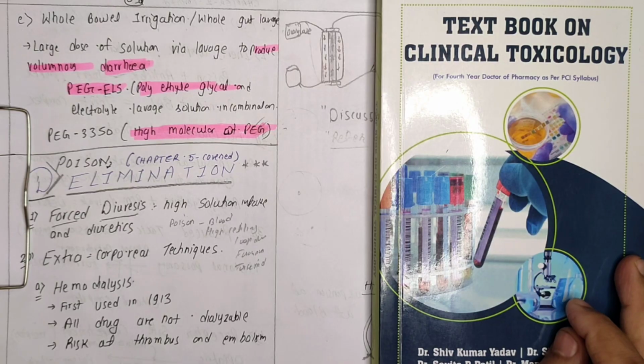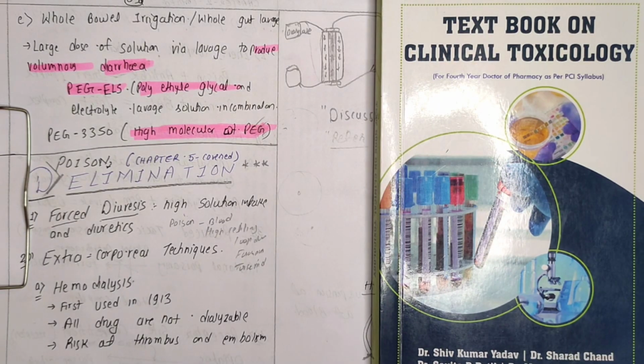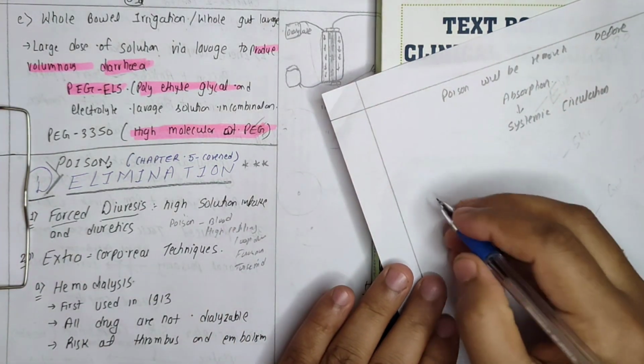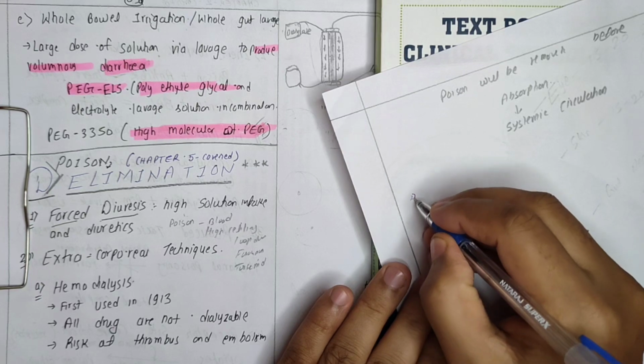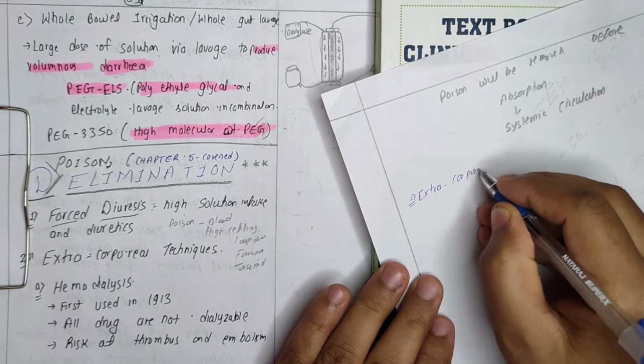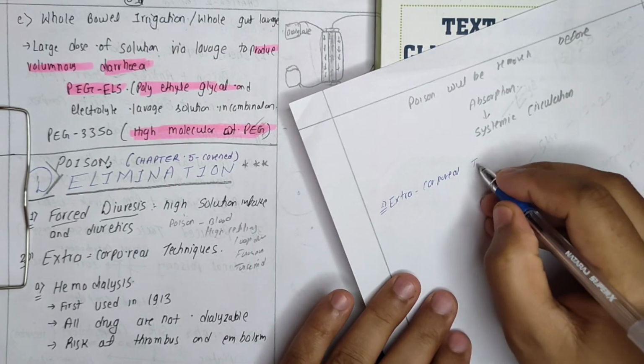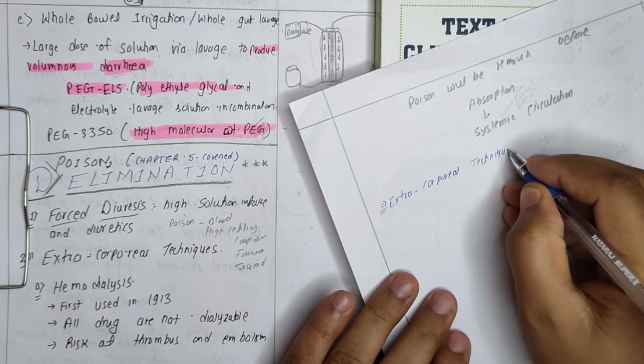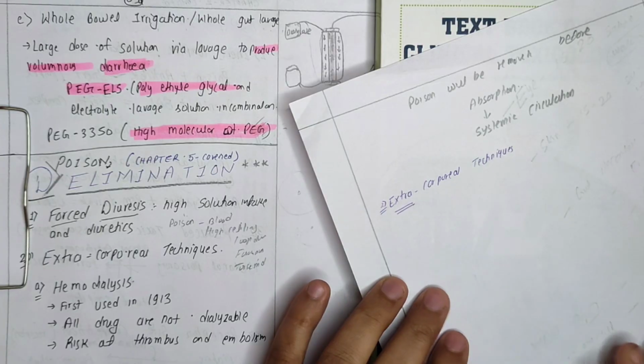Then there is another very important technique that can be used to remove the absorbed portion from our systemic circulation. These are known as extracorporeal techniques. We call them extracorporeal because extra means outside of our body.